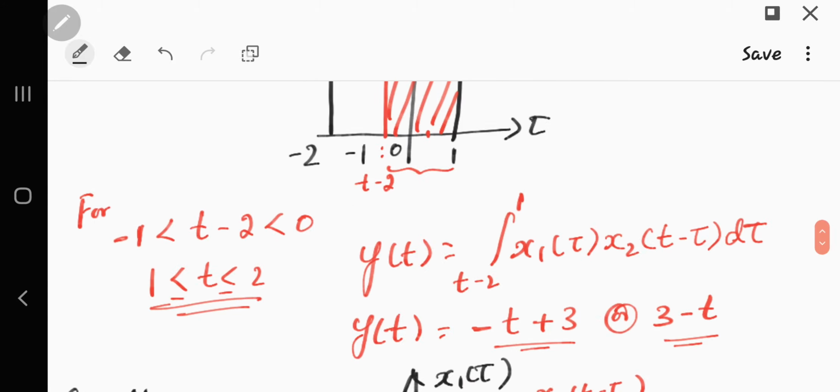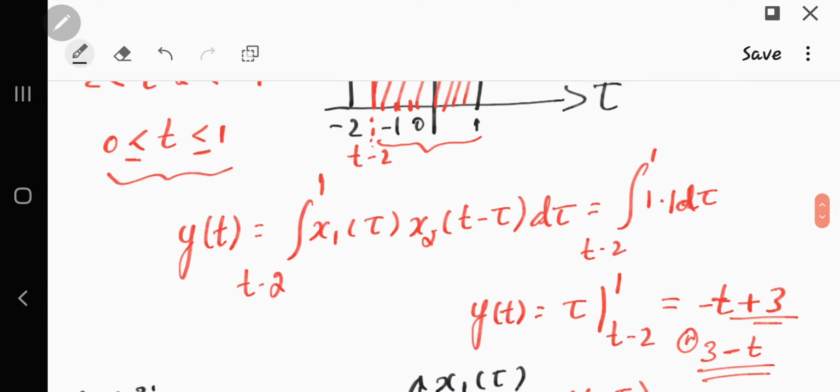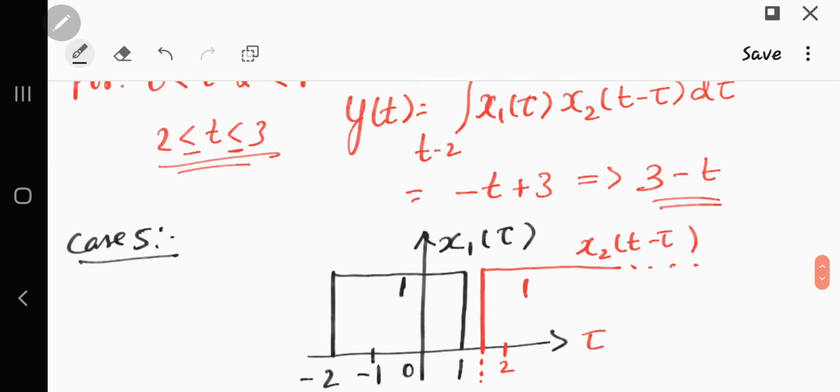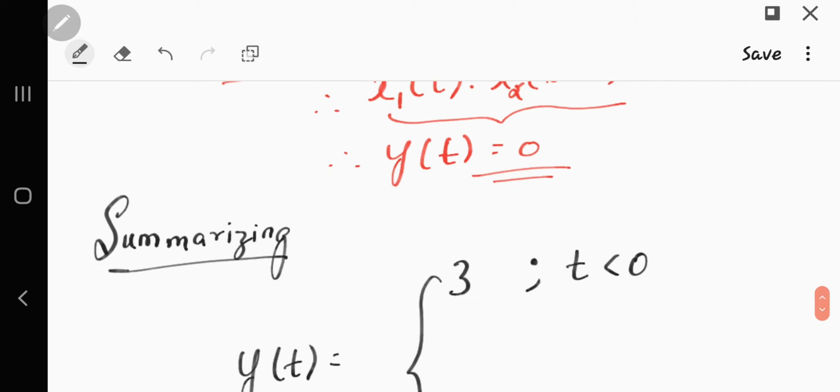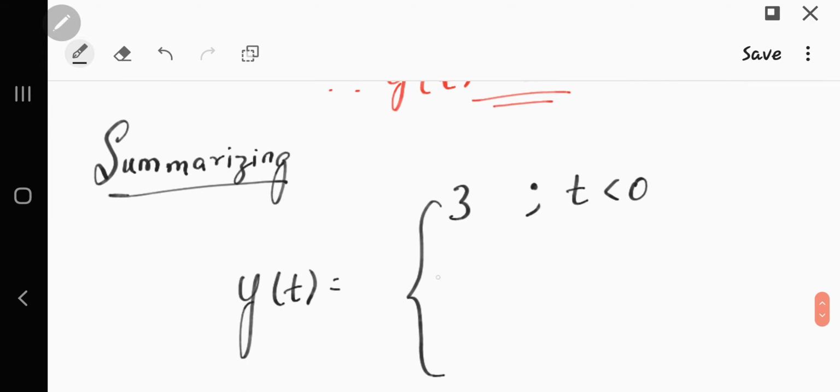So that means from 0 to 3 we have the same value for y of t, that is 3 minus t. So y of t is equal to 3 minus t for values of t greater than or equal to 0 but less than or equal to 3.